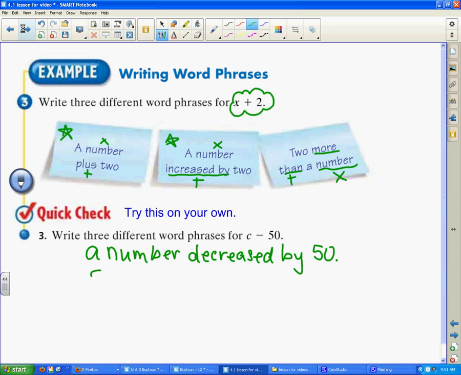We could write 50 less than C, or excuse me, not C, 50 less than a number.